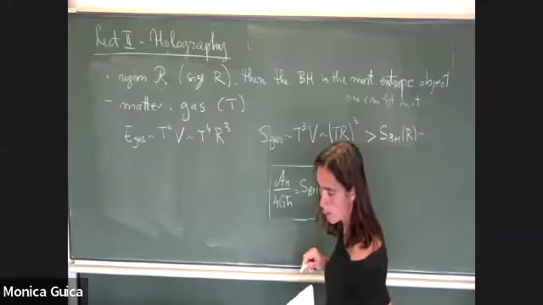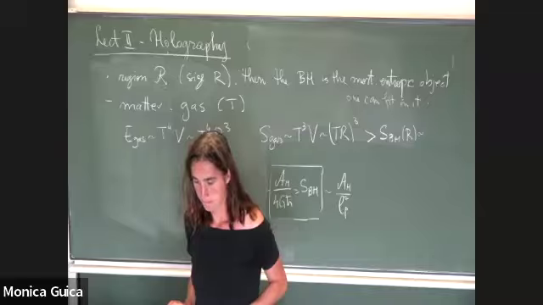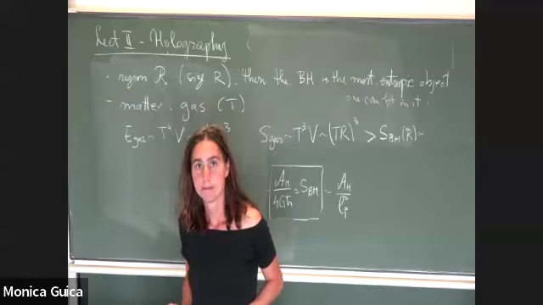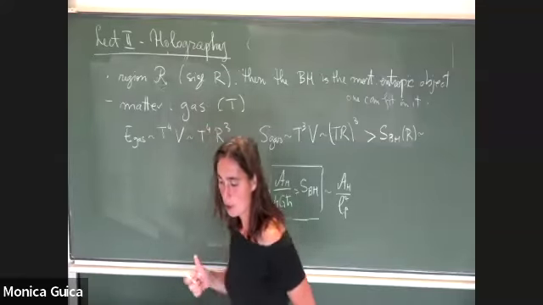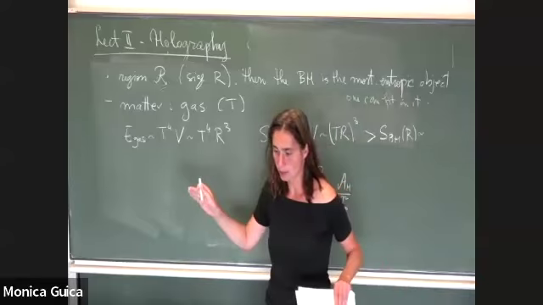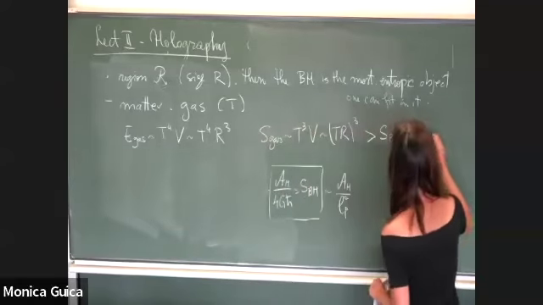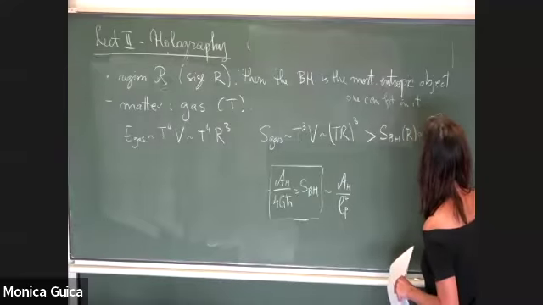Can somebody tell me? It has 4 pi r squared over 4 G hbar. Okay, very good. Thank you very much. That's very precise. So I'm going to set pi to 1, 4 to 1, and hbar to 1. So it's just going to be r squared over G. Okay?